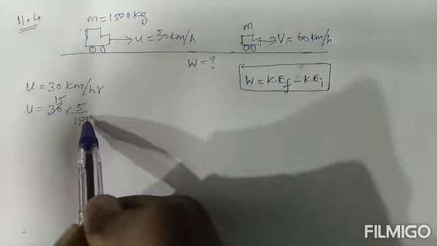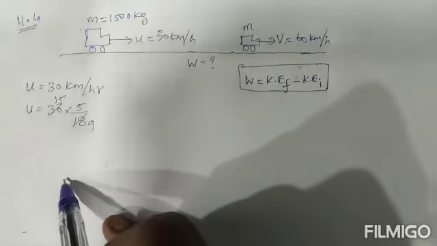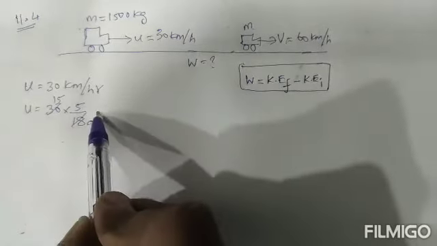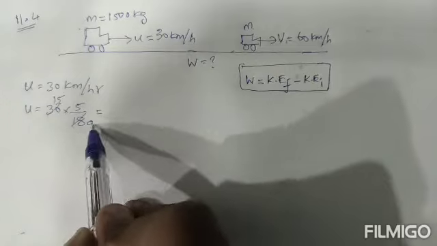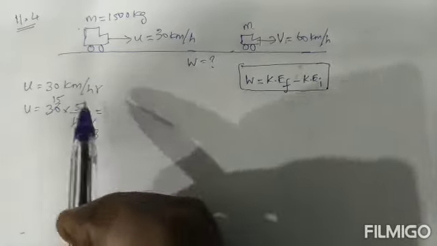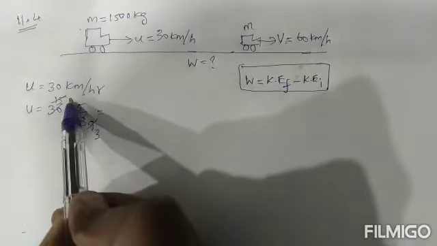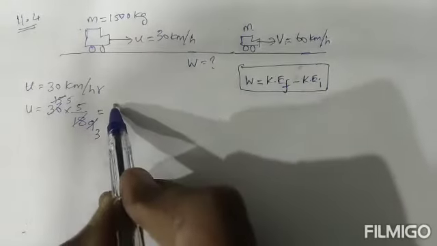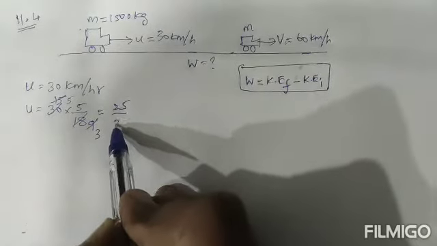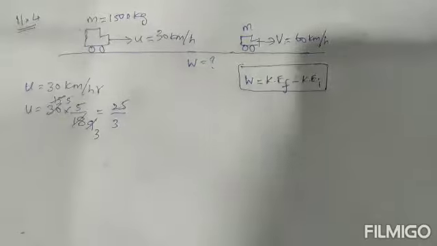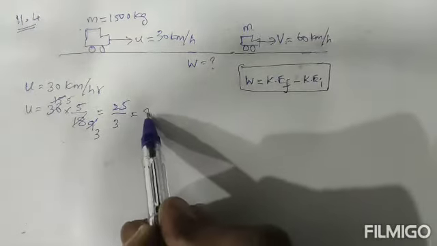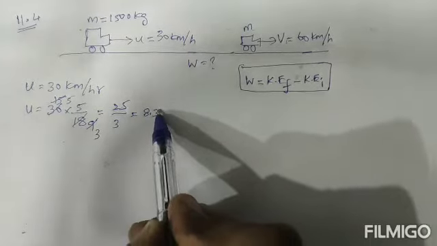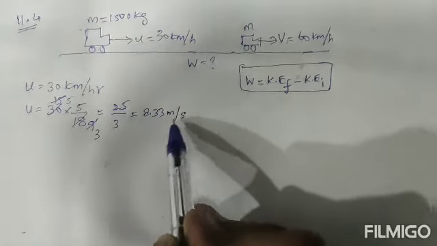Second table 15 times, here 9 times. Again third table 3 times, here 6 times. So 5 into 5 is 25, divided by 3. So 8 point something will come, that value is 8.33 meter per second.